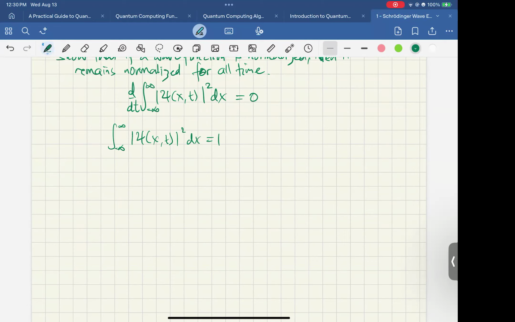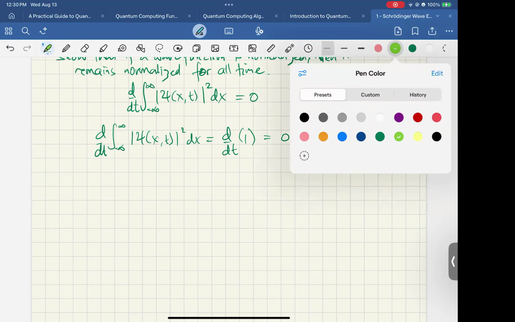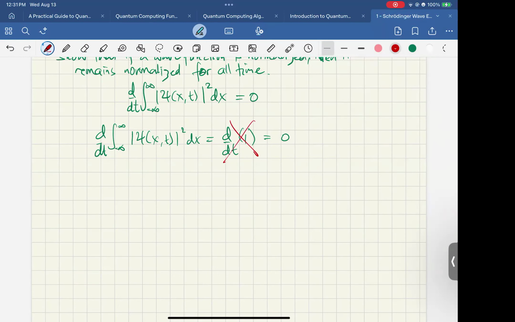And if you take the derivative of that equation with respect to time, pwede yung sigurong i-argue na when you take the derivative of a constant, then that is equal to 0. Okay, so this is not correct. This is not the correct way to show na normalized na wave function remains normalized for all time.